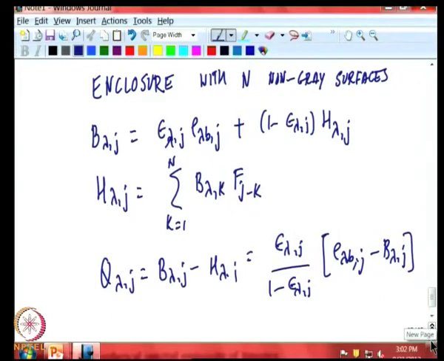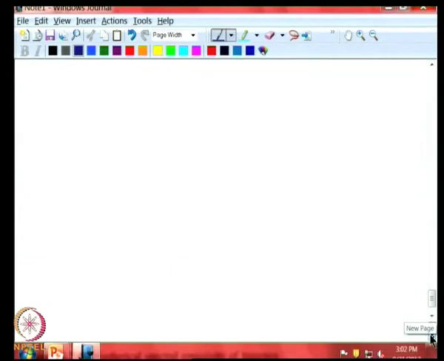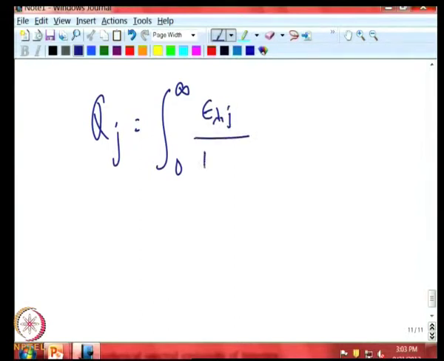Now, what is q j? Ultimately, you are interested in q j. The q j is equal to integral 0 to infinity of epsilon lambda j by 1 minus epsilon lambda j into E lambda b j minus B lambda j.